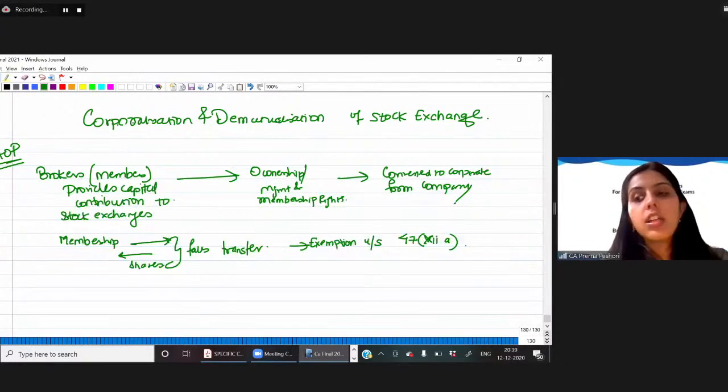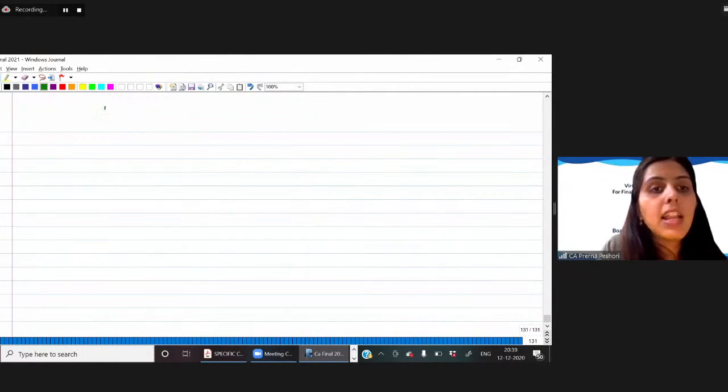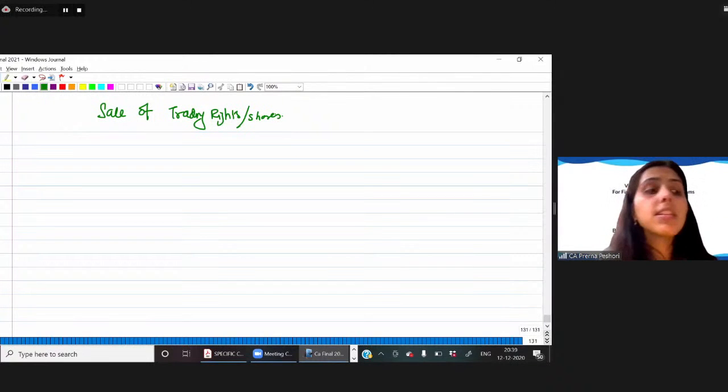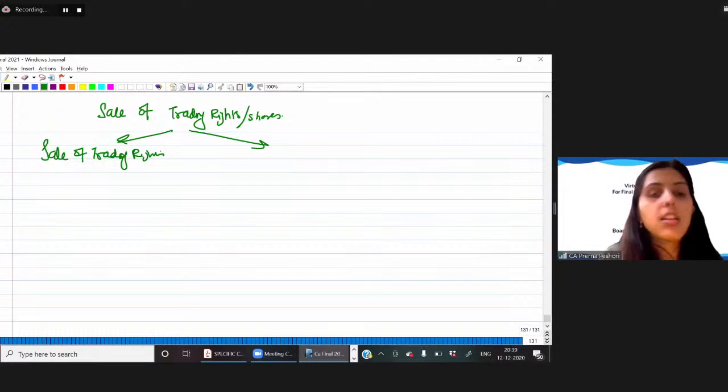Clear? The taxability would happen when there is sale of trading rights or shares. Now, there are two aspects to it: sale of trading rights.